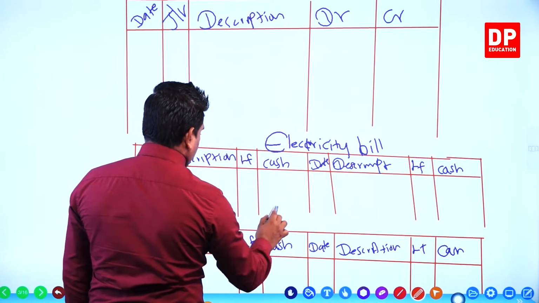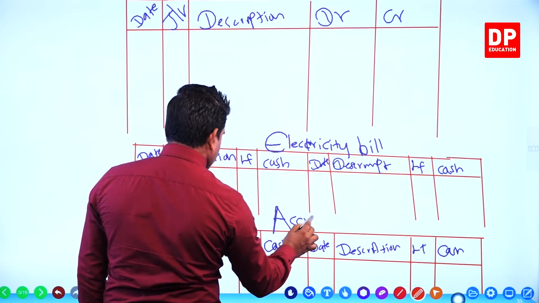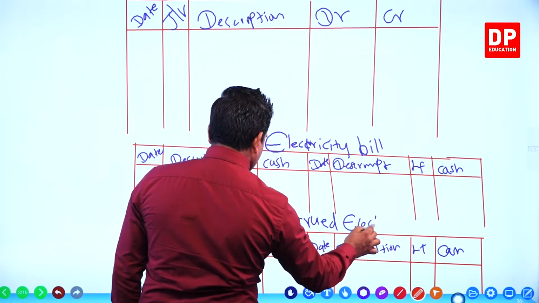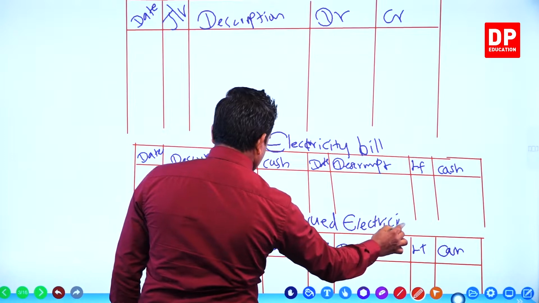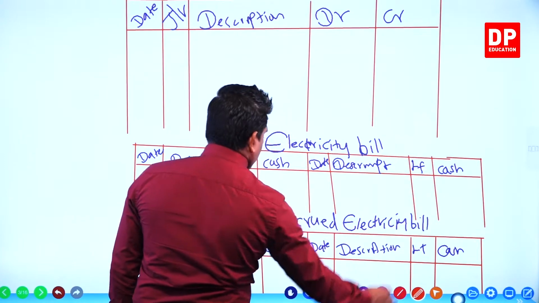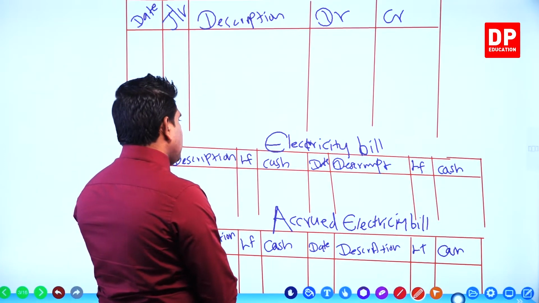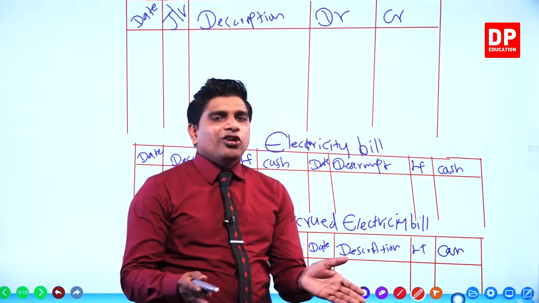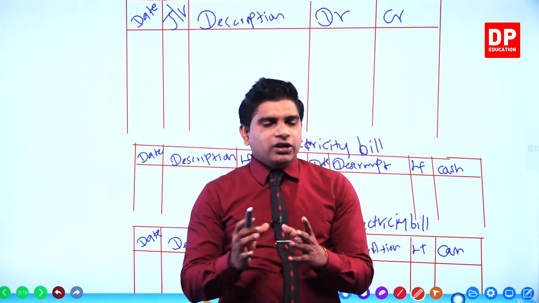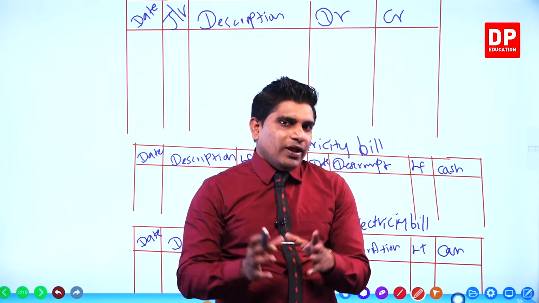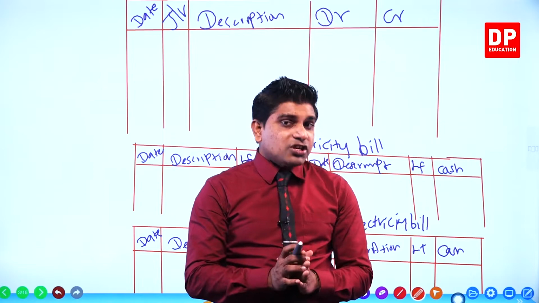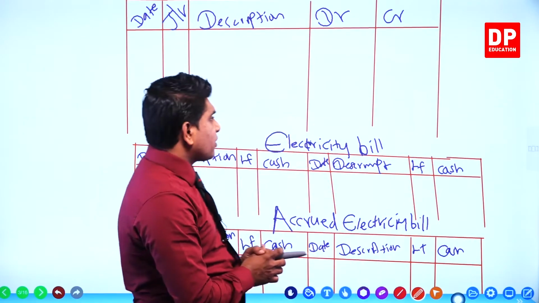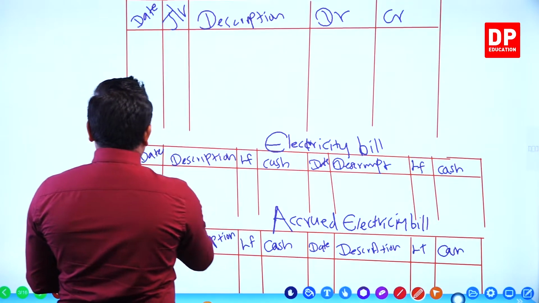This is accrued electricity bill. Then electricity bill account debit, accrued electricity bill account credit, only the accrued portion, accrued value. But they already paid how much? 18,000. It should be recorded in the electricity account. Which side? Debit side.